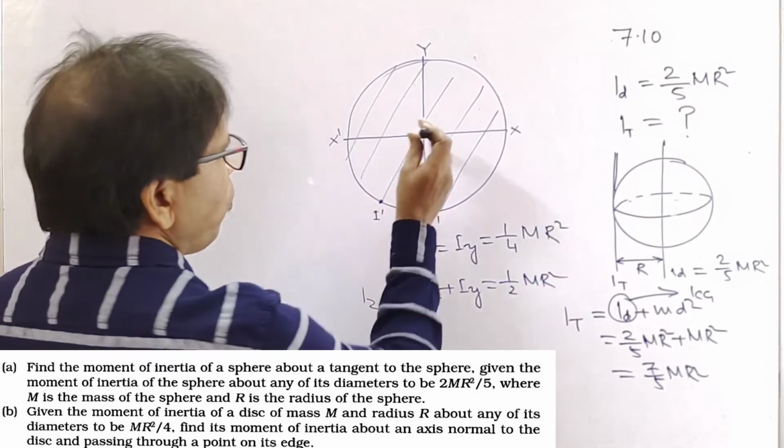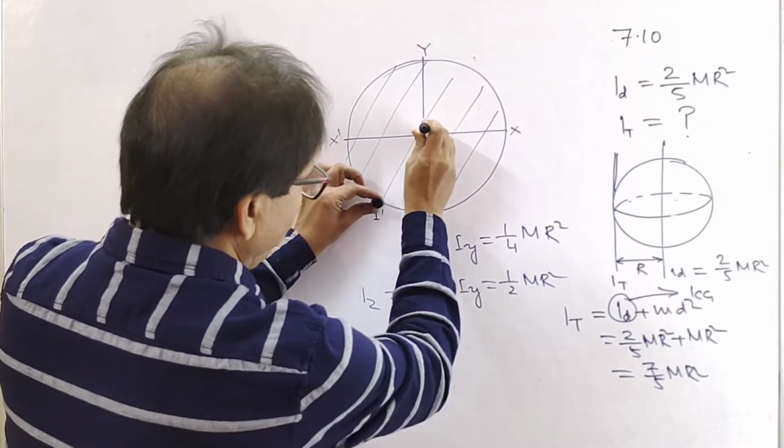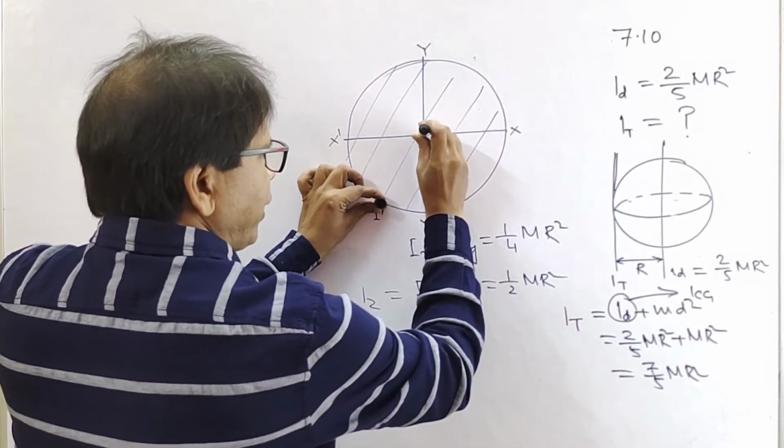Now the moment of inertia about this axis is known. You have to calculate the moment of inertia about this other axis, so you can apply the parallel axis theorem.